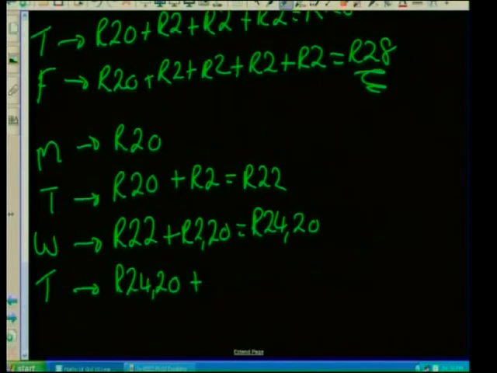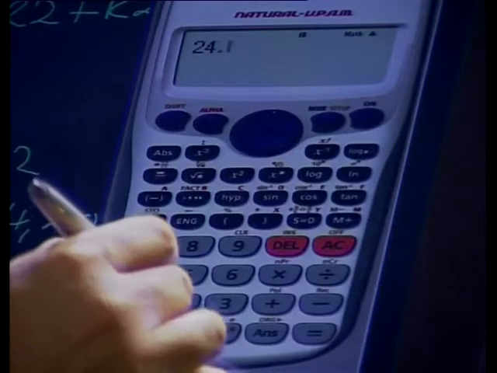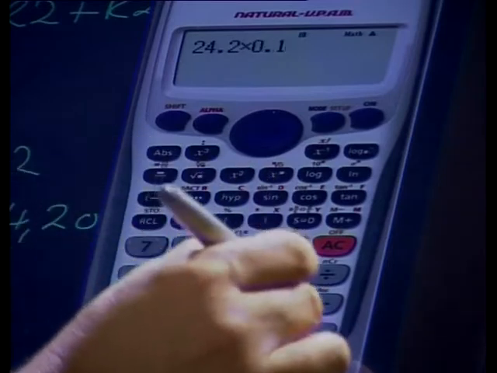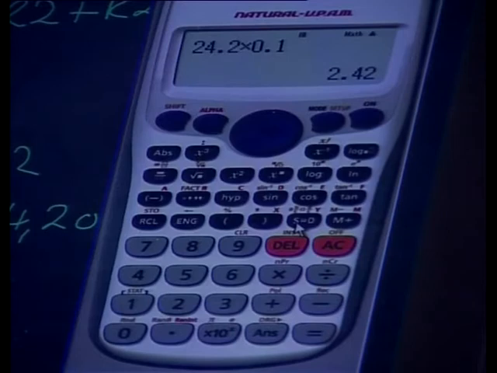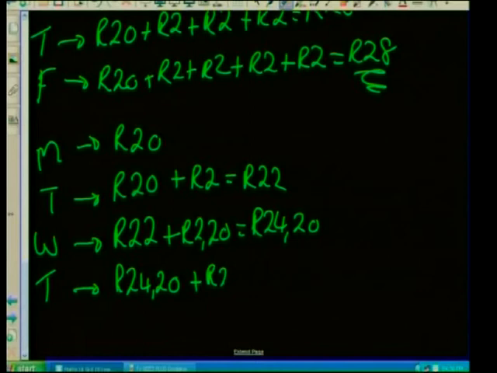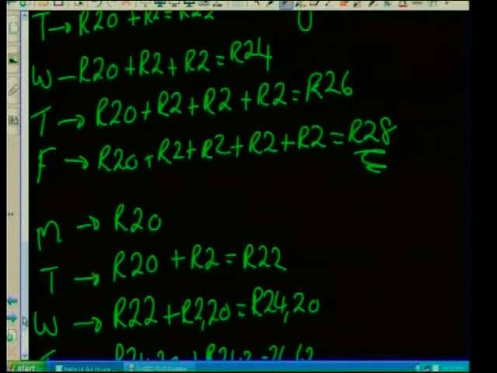Plus, now, with the 24 Rand 20, we are going to find 10% of that. What's that going to give me? It's going to give me 2 Rand 42. So let's add 2 Rand 42. What's that going to now give me? Well, I'm going to get 26 Rand 62. Last time it was just 26.